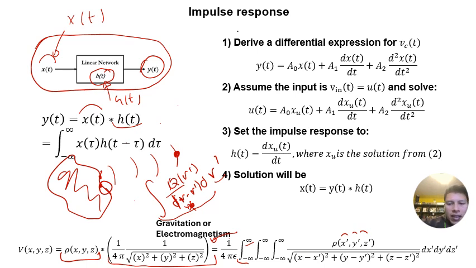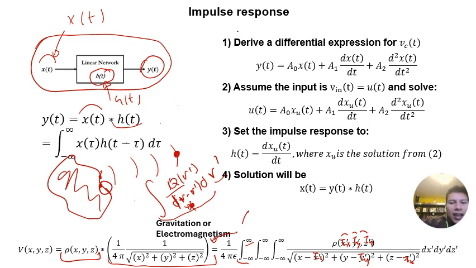If this notation makes you uncomfortable, think of this as tau x, tau y, tau z. As you can see, you're just doing a three-dimensional convolution of the charge with the electric field.